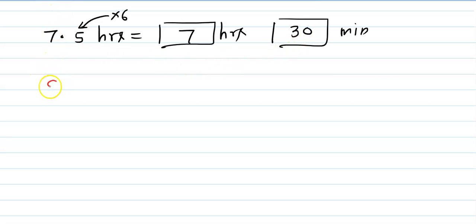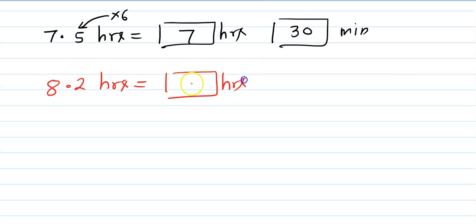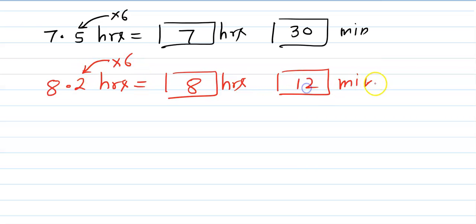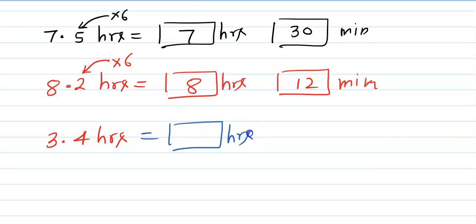If 8.2 hours is given, how many hours are there? It is 8 hours. And how many minutes? You just times by 6, so 6 times 2 is 12 minutes. One more question, if 3.5 hours is given, how many hours are there? 3 hours.